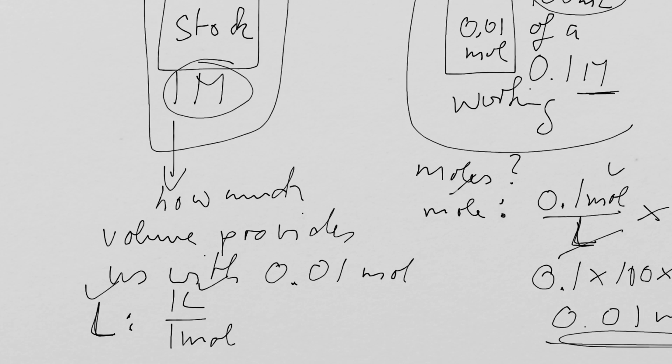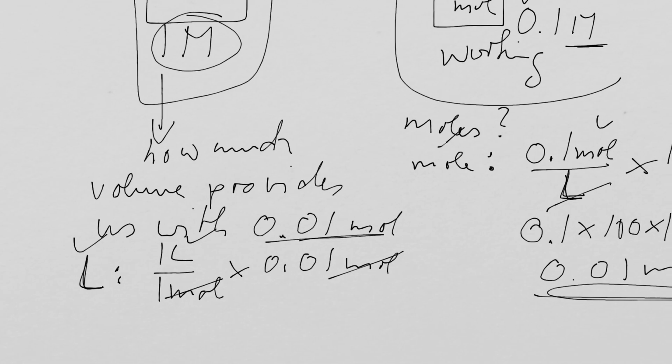Yeah, it's this one here. Times 0.01 mole. Mole cancels. What have we got? We have 0.01 liter, which is the same as, of course, 10 milliliter.